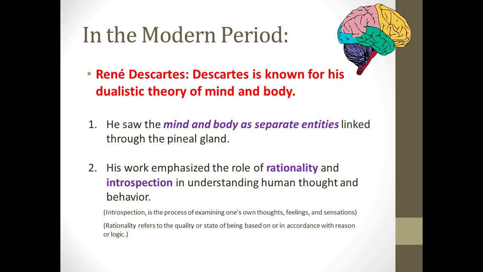Rationality refers to the quality or state of being based on or in accordance with reason or logic. What does that mean? He believed that we can understand how people think and behave by using our minds to think clearly and look inside our thoughts to learn more about ourselves. Okay, that's what it means.